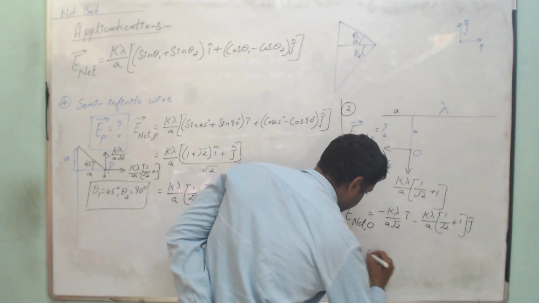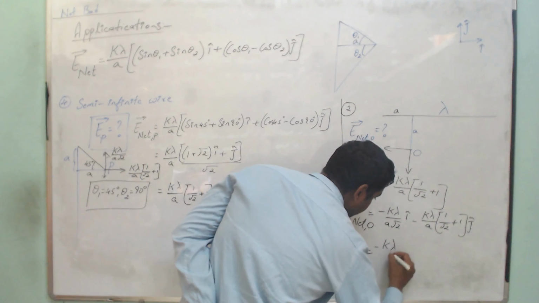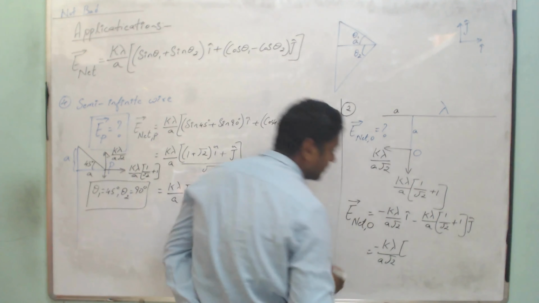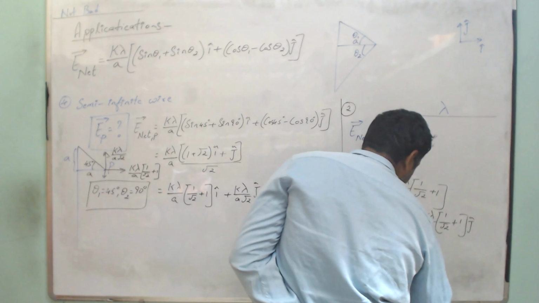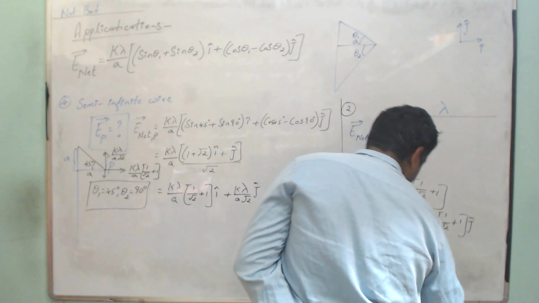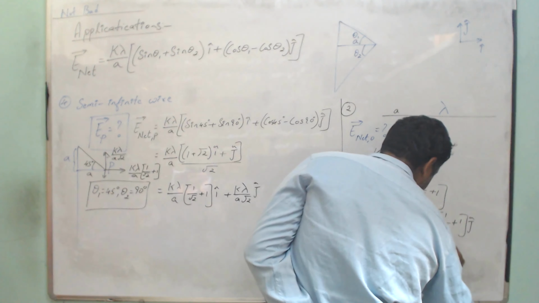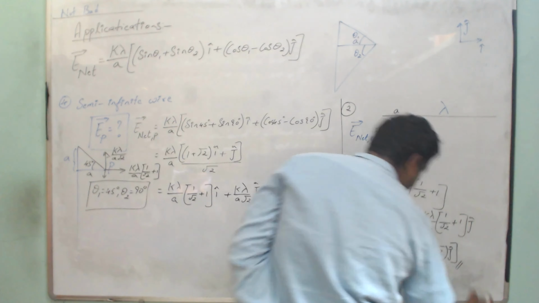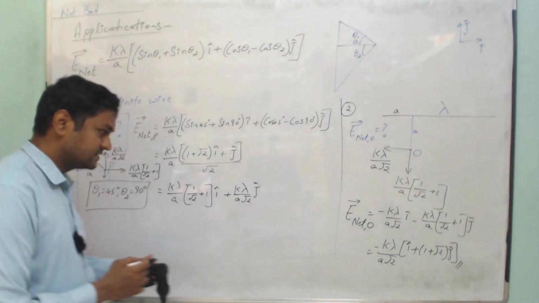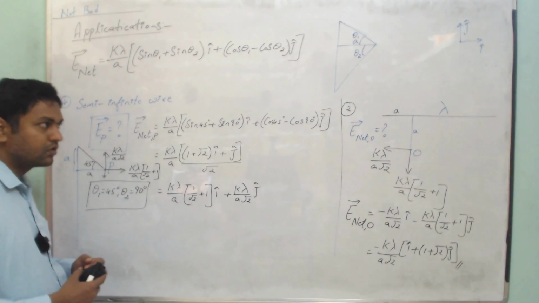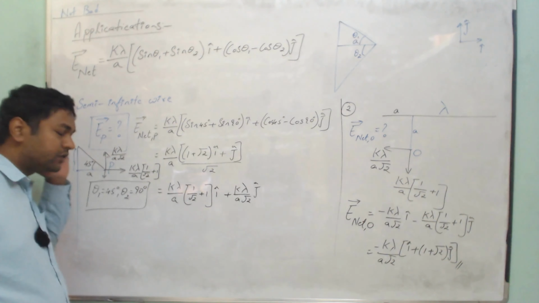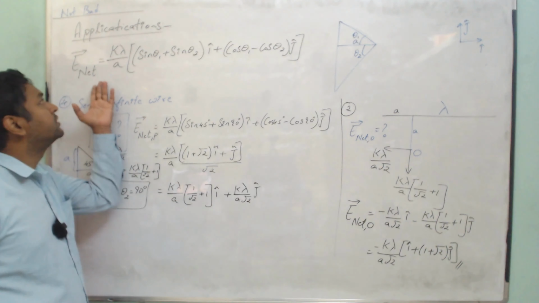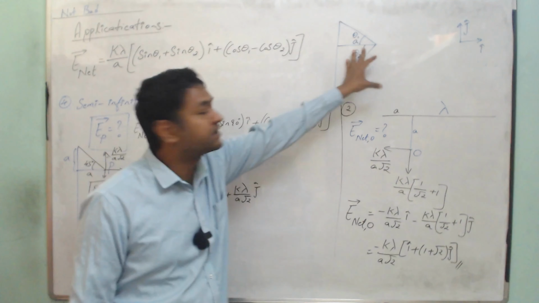Minus is also there, so I'll take minus common and k lambda by a root 2 common, right? Yes, sir. So I'll write it as I cap plus (1 plus root 2) j cap. Is this clear? Yes, sir. So here what we try to understand is that first I will only remember this figure and this formula.